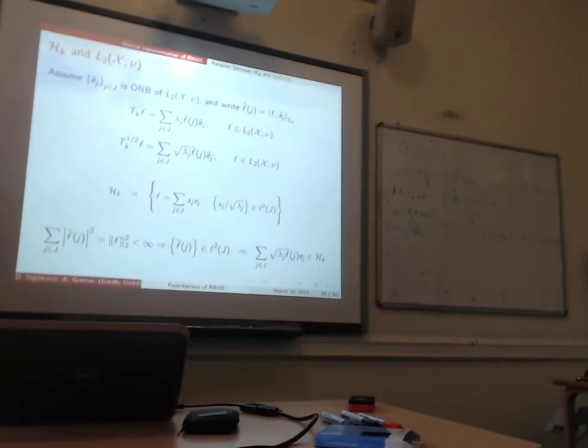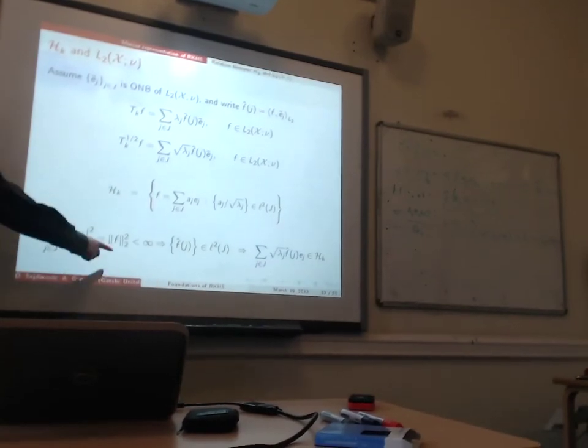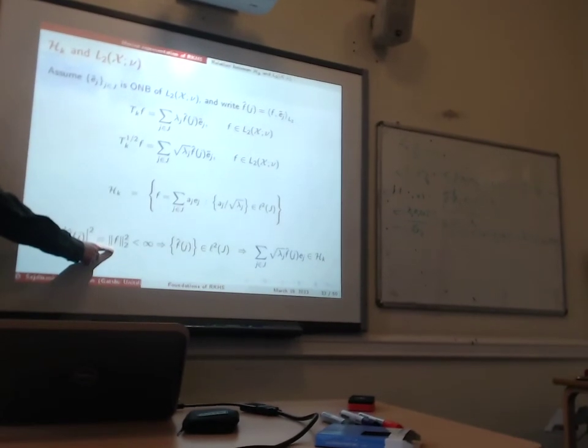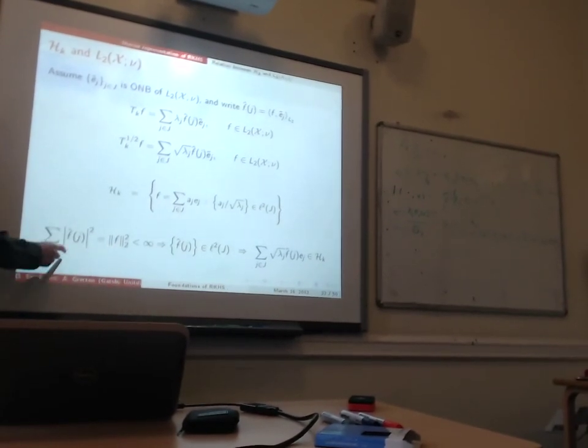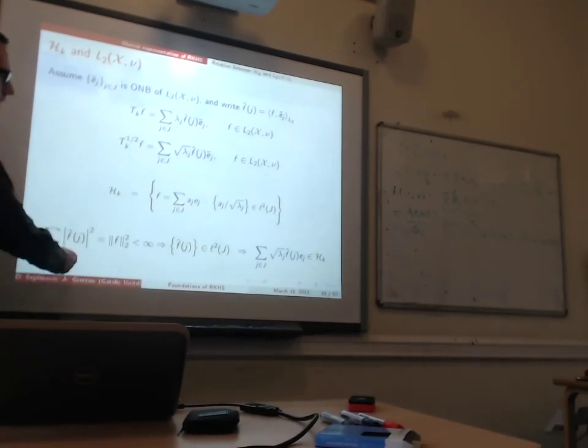And then I know that this is my RKHS. It's in this form. So what this tells us is that when I look at the L2 norm of f, this is equal to the sum of the squared Fourier coefficients. That implies that my Fourier coefficients are in small l2.